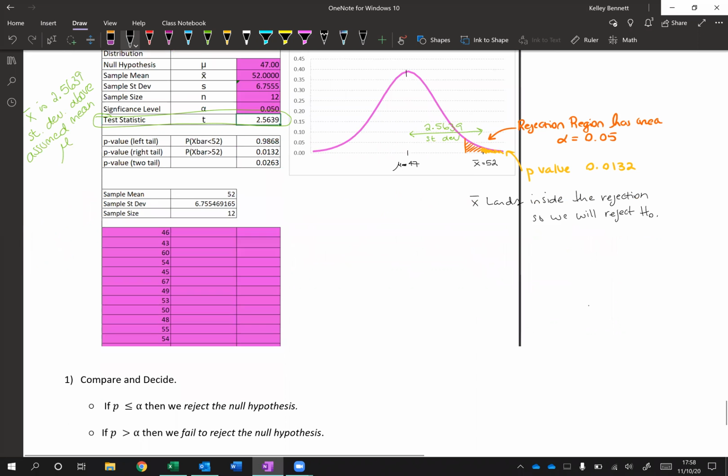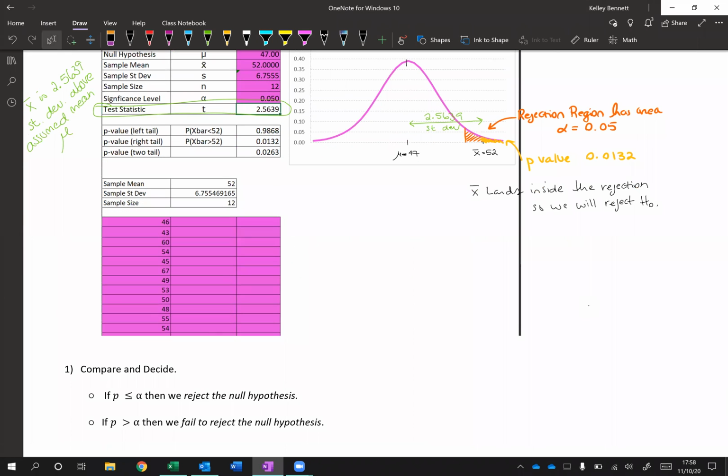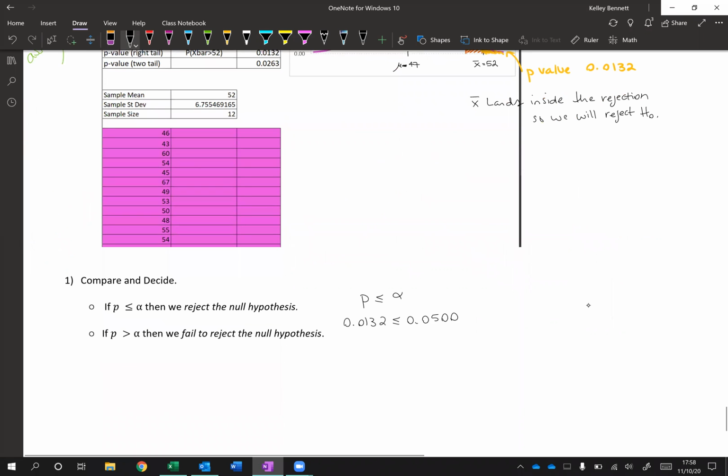But again, we could just look at it in terms of P and alpha as well. Remember that P is less than or equal to alpha, because P was 0.0132 and alpha was 0.0500. So is 132 less than 500? Absolutely.